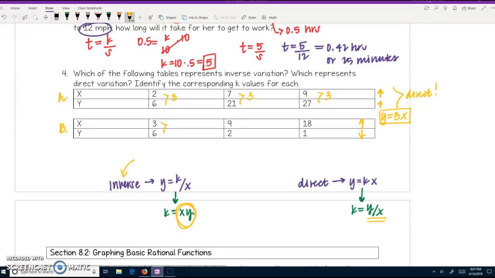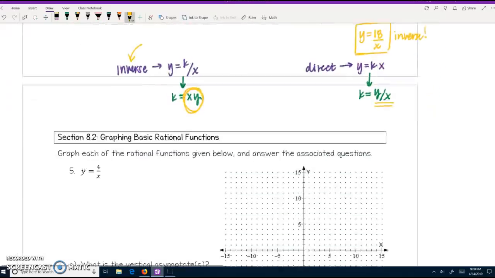So here, x times y is 18. X times y here, also 18. X times y here, also 18. So this is going to be an inverse relationship where my constant is 18. So I have this equation here. This is inverse. So that is it for our inverse variation work.